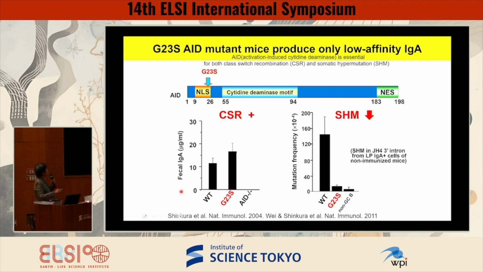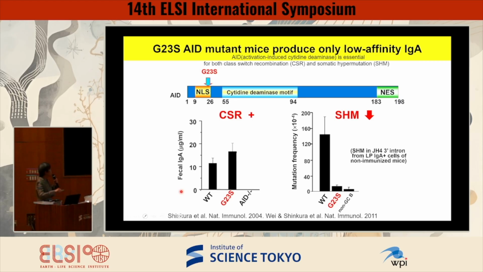So we screened many randomly mutated AID proteins, and I selected only one mutation. The 23rd amino acid, glycine, is changed to serine, and we made the knock-in mutant mice. As you see here, in the fishes, the G23S knock-in mice produced plenty of IgA, so class switch is okay.